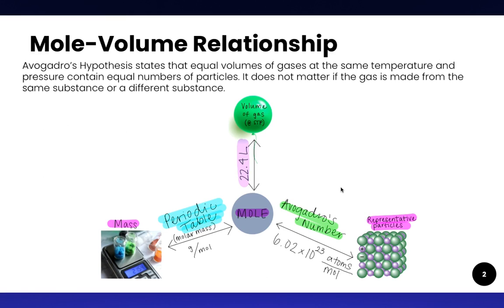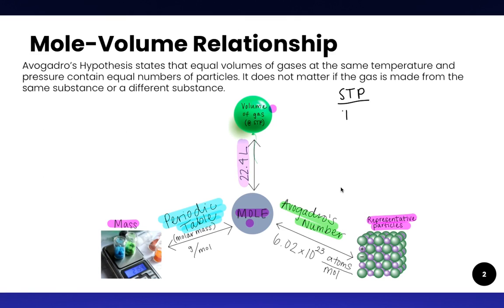We're going to take a closer look at the relationship between moles and the volume of gas at STP. And you'll remember from the last video that STP means standard temperature and pressure. You should have those values written down in your notes, but if you do not, I will give them to you one more time.